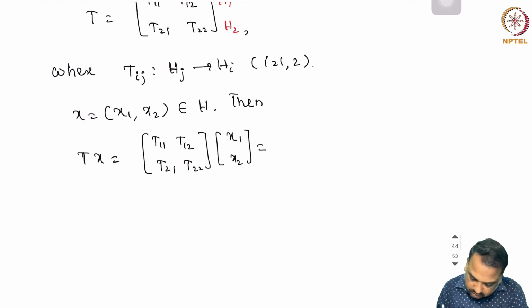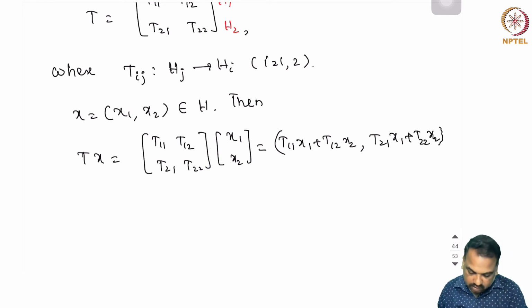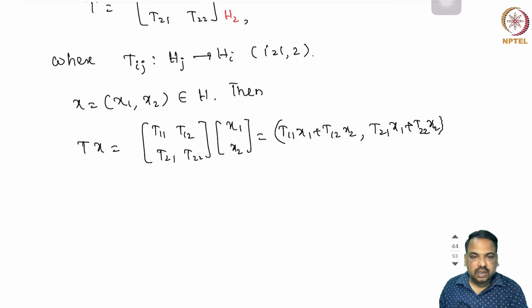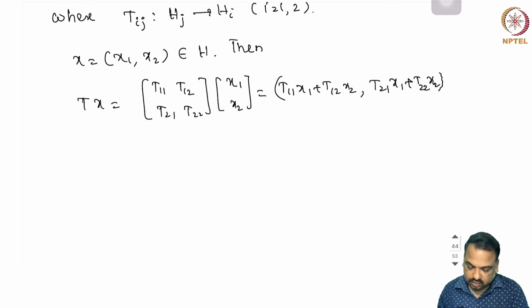So this is nothing but T11 X1 plus T12 X2 in the first component, and T21 X1 plus T22 X2 in the second. In other words, we can treat this as a matrix and work as in the usual matrix case.